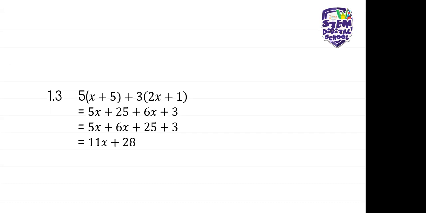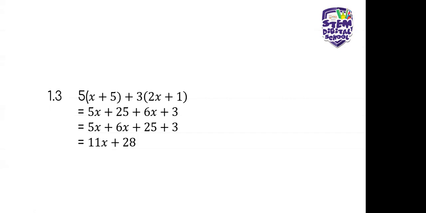So you can see that now it is simple because this expression now has got only 2 terms, which is 11x plus 28. The first term is 11x, and the second term is 28. Although it can be argued that the original expression also has 2 terms because of those brackets.